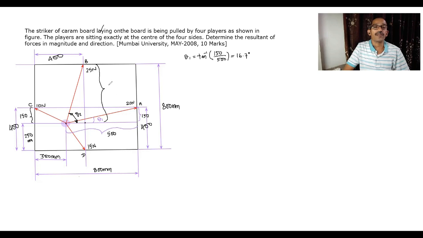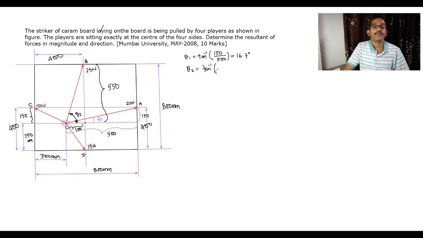So this is 550 mm. The length of the adjacent side is 400 minus 300, which is 100 mm. Therefore theta 2 is tan inverse of opposite over adjacent.